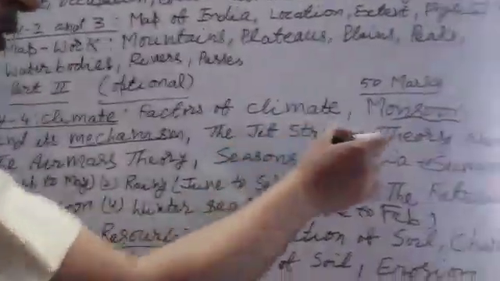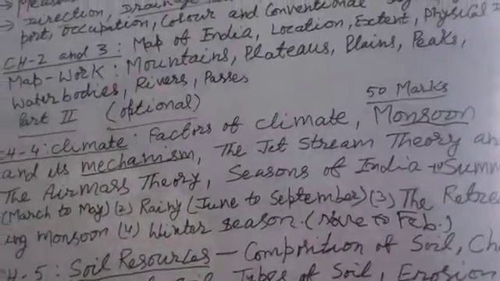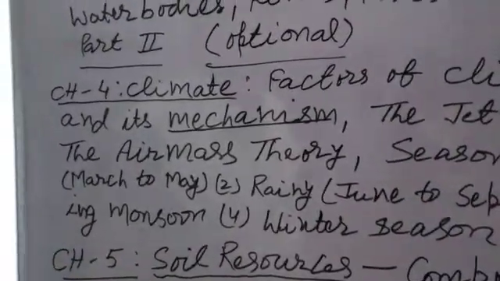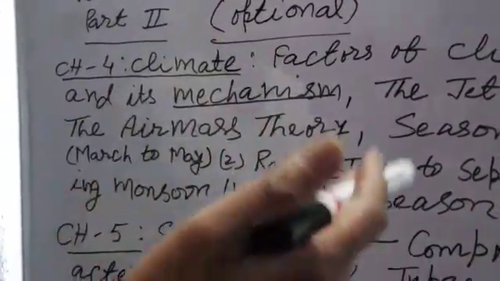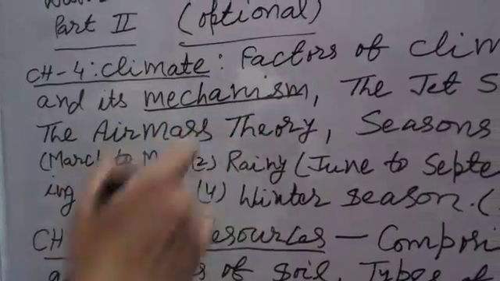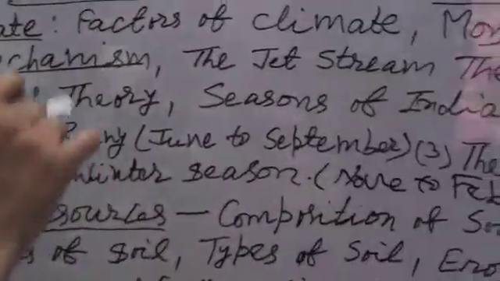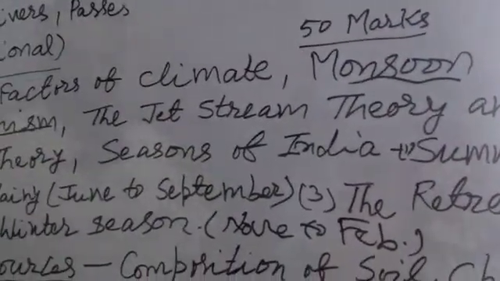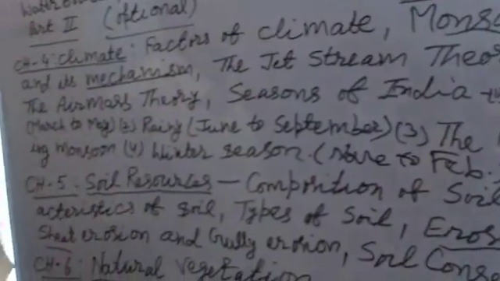The jet stream theory is the upper air circulation of air current, and in the air mass theory, the northeast trade winds and the southeast trade winds meet each other near the equator, called the intertropical convergence zone, developing maximum clouds and heavy rainfall.